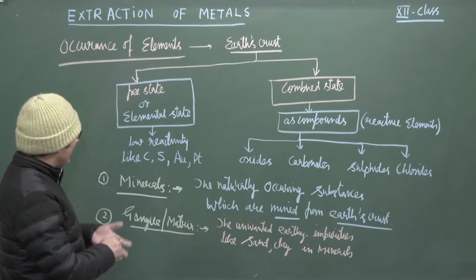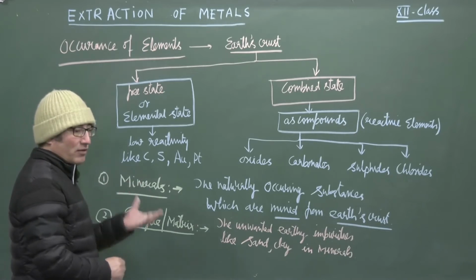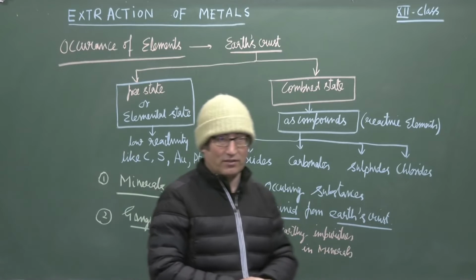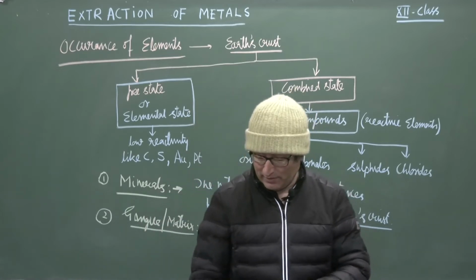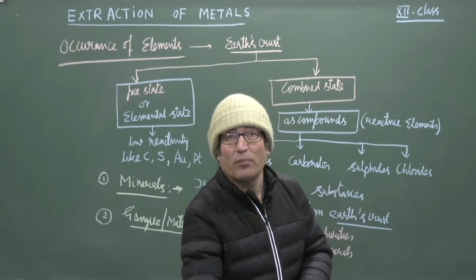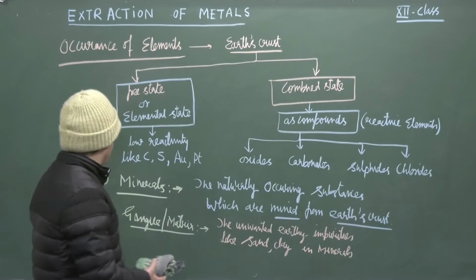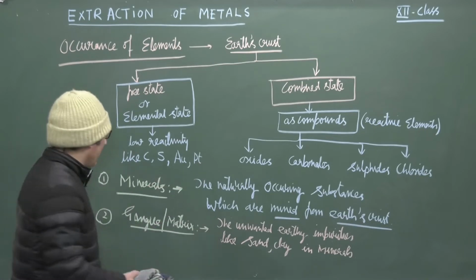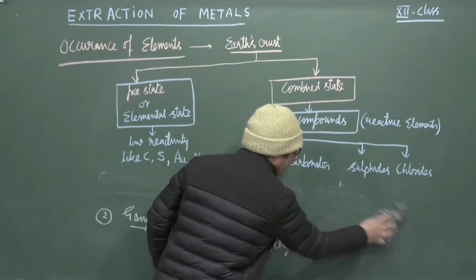Now, when you extract a metal from a mineral, that mineral should satisfy certain conditions. Only then is that mineral feasible for extracting an element or metal from it. So therefore, from minerals we come to a term which is called the ore or the ores.